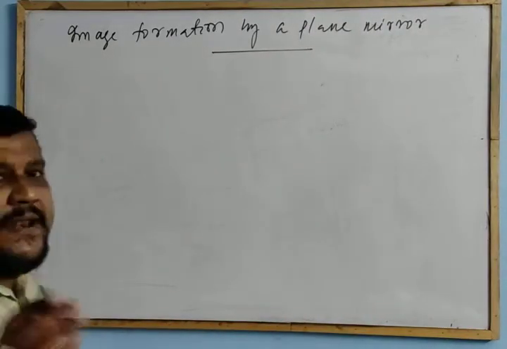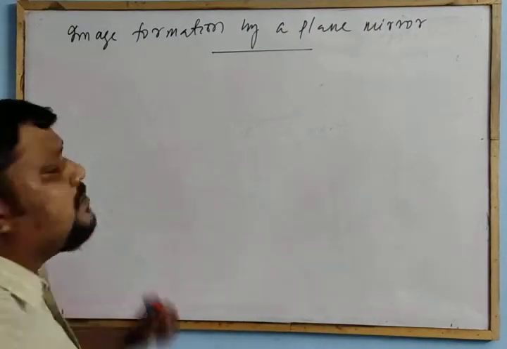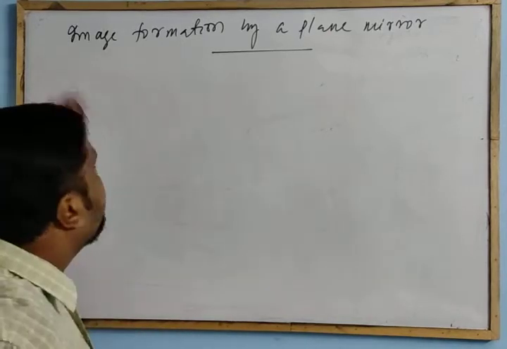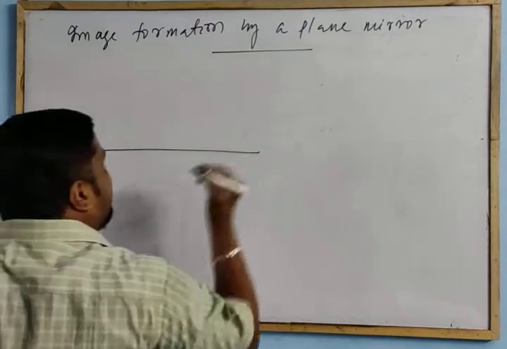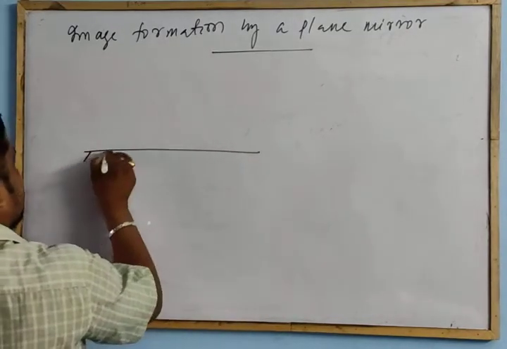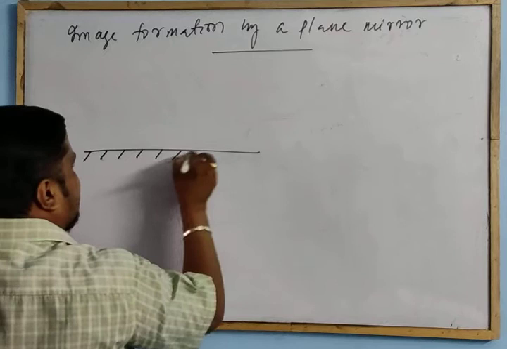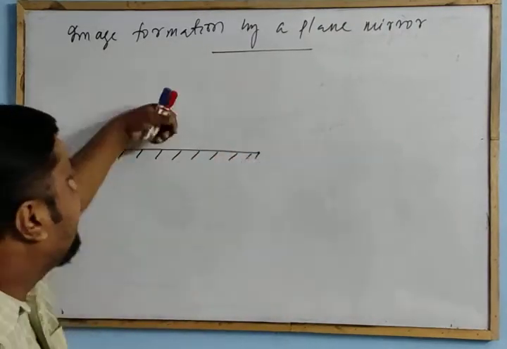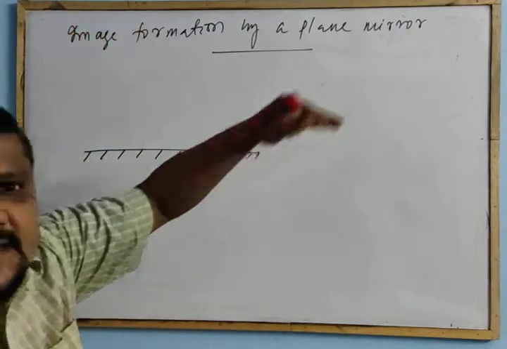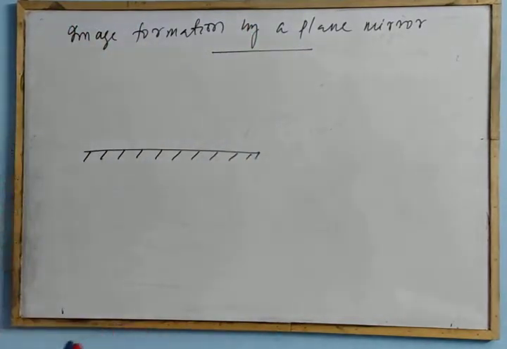Now we go to the very important thing, that is how to draw the image formation. Remember, this is a very simple one, that's why I have drawn it first. So this is a plane mirror, the representation of the plane mirror. This line means this is the opaque side and this is the transparent side, that is the brush. Okay.